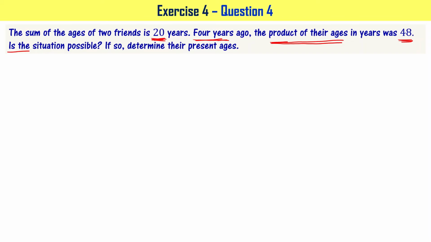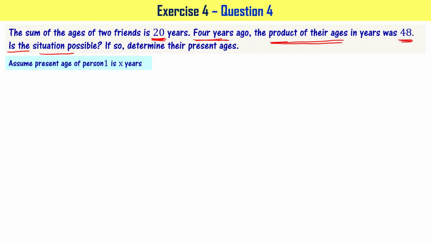If the value is greater than or equal to 0, we are going to get real roots. It means we are going to have certain numbers as the present ages of the people. Otherwise, if b square minus 4ac is less than 0, then you are not going to get the roots as real numbers. That's why you are not going to have this kind of situation possible, right? Let's solve this now.